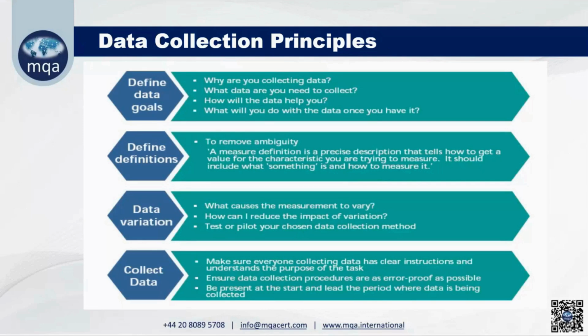When we collect the data in the initial samples, we will understand whether the process is right or the method has to be changed. Is there a requirement of a special, knowledgeable person or special instrument? A lot of things will come to be known. Then we will collect the data. In collection of data, we make sure everyone collecting the data has clear instructions.